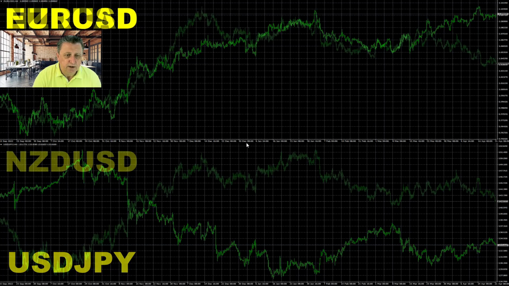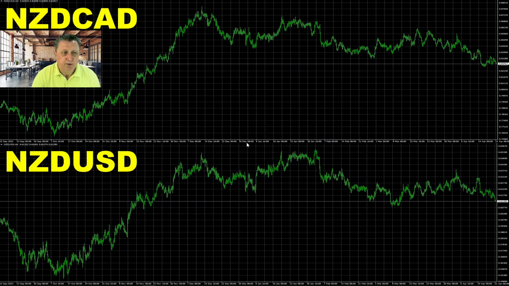But if you take a quick look at, for example, here, New Zealand Canadian and New Zealand USD, you will find that there are two currency pairs here that are actually moving in the same direction instead of the opposite. But you can still use that as part of a hedging strategy, as long as you know which one is going which way.